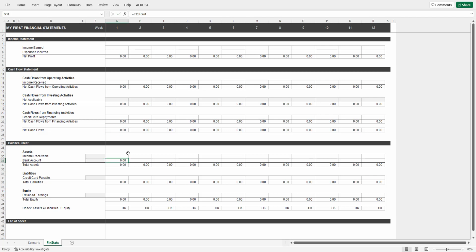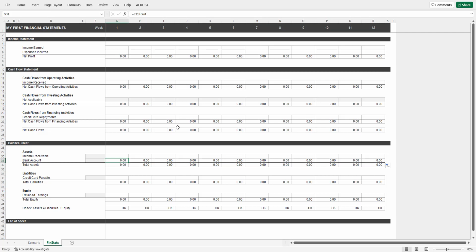I'll press enter, and I'll hover over this right hand side and drag across, and the formula will update so that every time it's simply referring to the prior period balance plus the net cash flow from the current period. The values are all still 0 because we haven't populated anything yet, but the values will update as everything else gets filled out.